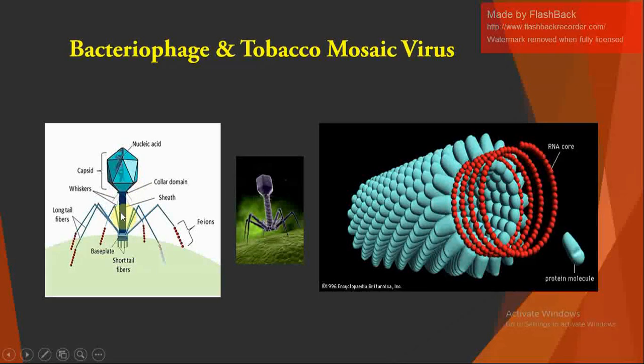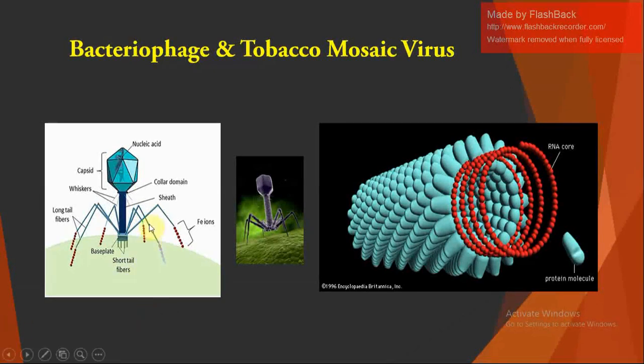So this is a typical structure of bacteriophage. Okay, based on the number of the tail fibers, they are of different types: T2, T4, T6, T8 bacteriophages. Bacteriophages are the viruses which infect and kill the bacterial cells.